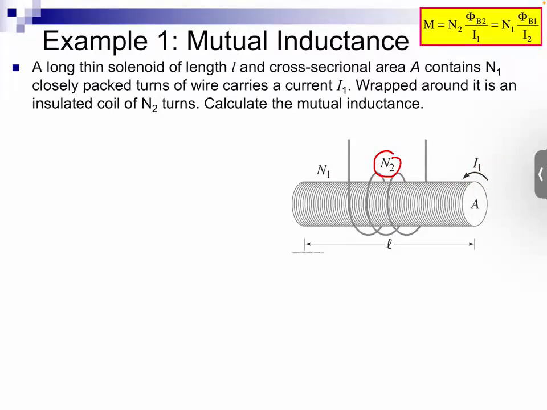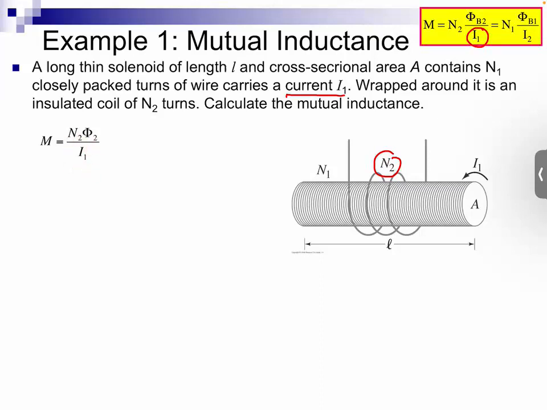We want to calculate the mutual inductance. Of course, mutual inductance will be the same regardless of which equation you use. It's just a matter of which variables you know. Here you're given the current I1, and you're not given current I2, so it makes sense that this first equation is the more useful form for calculating the mutual inductance, because I1 is given.